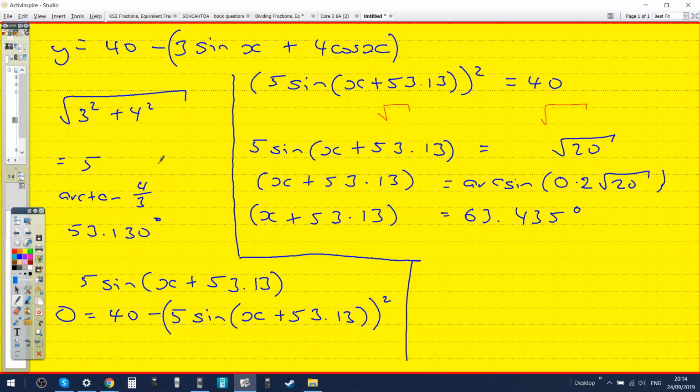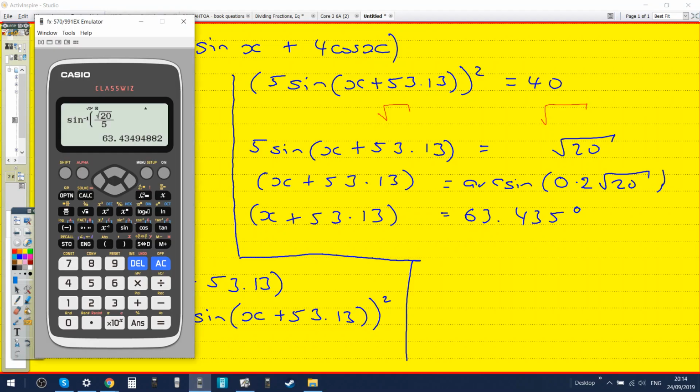What would be next? Then you just bring over the 53, so you subtract it, which becomes 10.30. And that's x. So that's one solution for x. How could you get a second one?